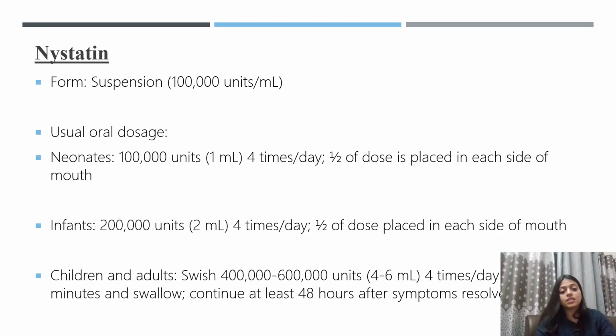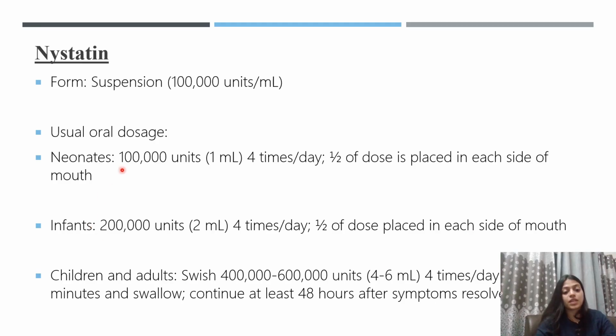Then nystatin suspension. Here in neonates, 1 ml of solution is given 4 times a day, which contains 1 lakh units. Half of the dose is placed in each side of the mouth, and in infants also 4 times a day, half of the dose is placed in each side of the mouth.